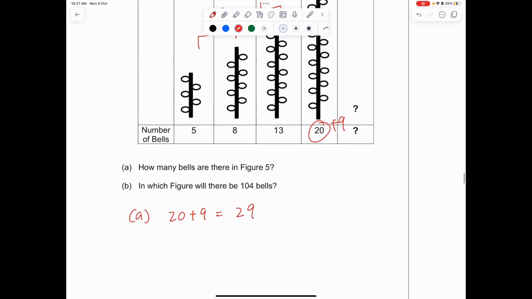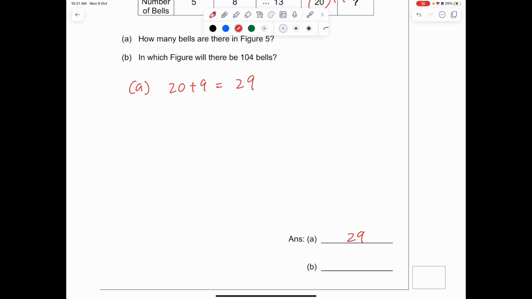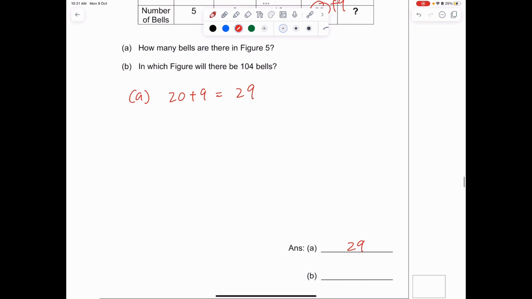Okay, in B. In which figure will there be 104? So 104 bells. In this case, when you take a look at it, you can do the number pattern. So I'm going to show you the number pattern. It's a bit more long-winded, but eventually you get it easier.